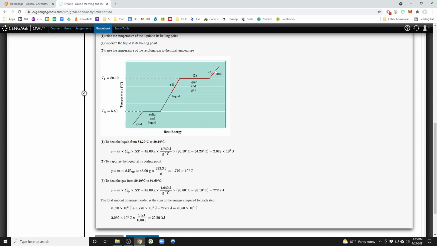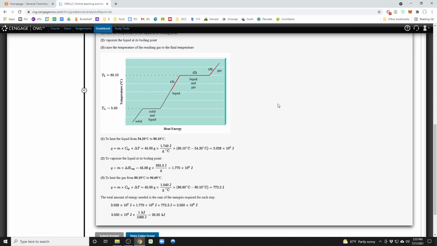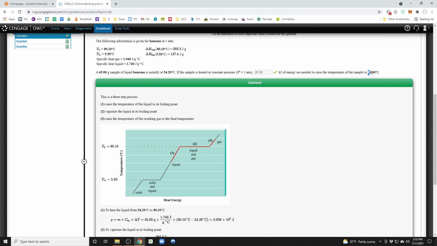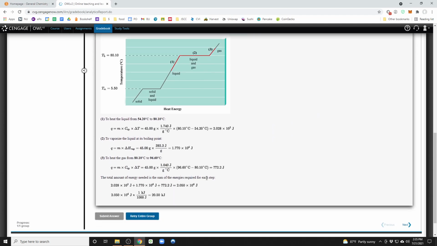Again, my starting point for that step is my boiling point, which is 80.1. And it goes up to this final temperature here, which is 96.6. So I take 96.6 minus 80.1 and multiply that value. All right. Once I multiply these values successfully, I'm going to get 772.2 joules. That's a very small number compared to the others.